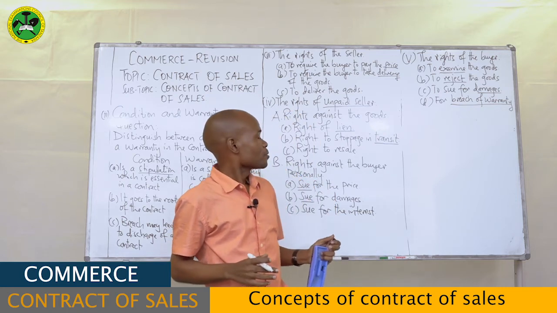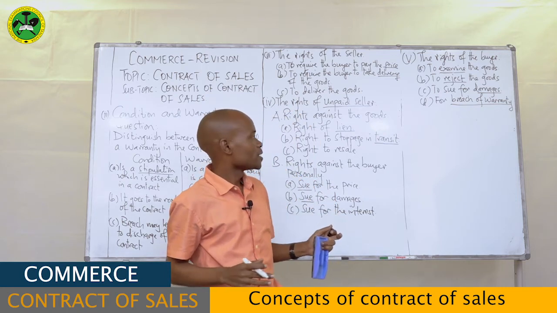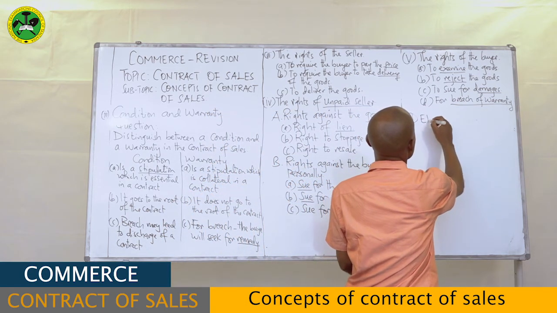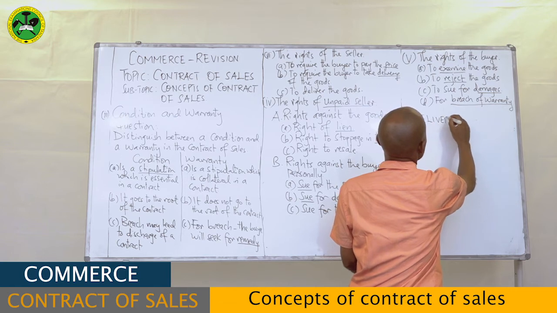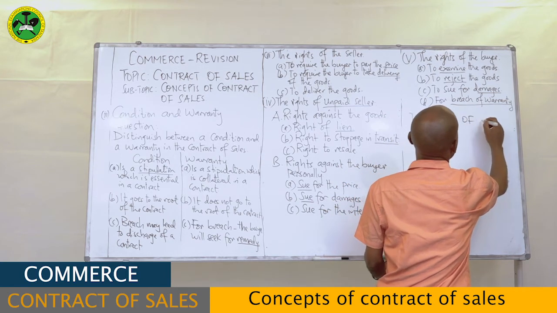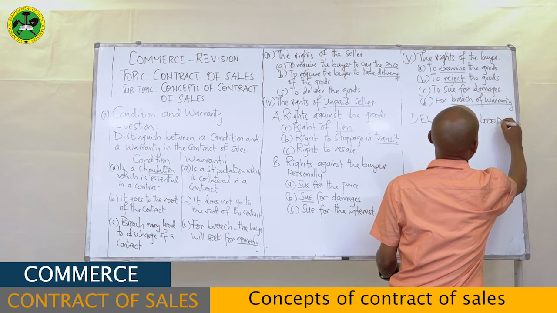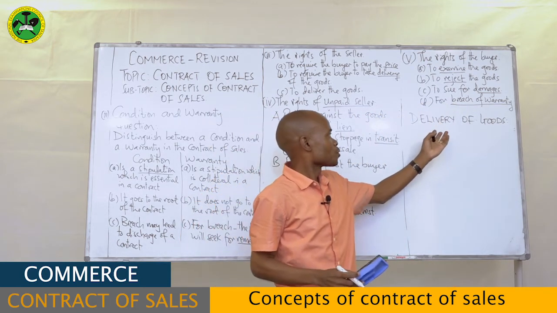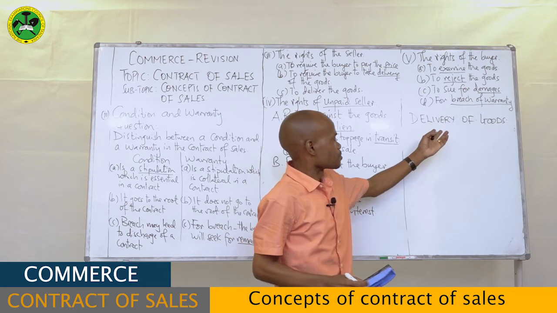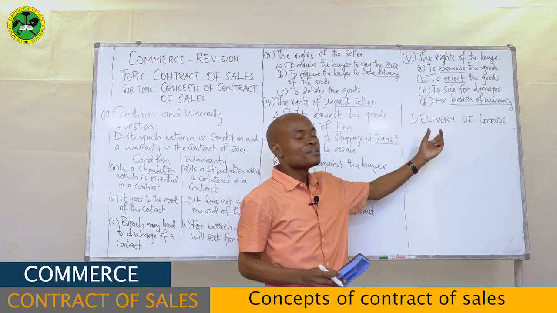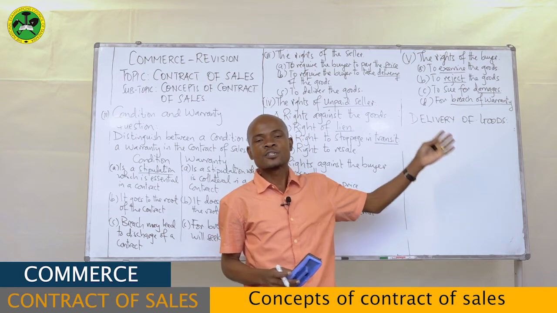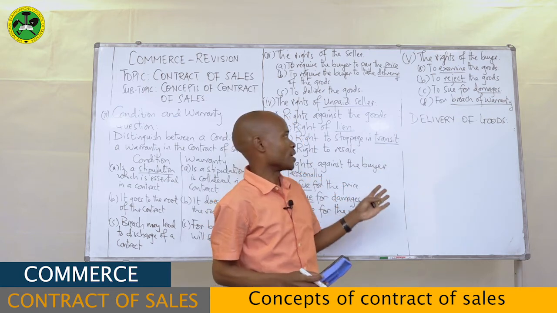Now another thing we have to explain is about delivery of goods. This is another concept which we have to explain. When we say delivery of goods, it simply means transfer of possession from one person to another.